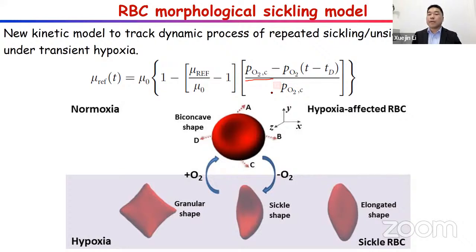In this way, we can control the cell shape and the cell membrane properties. When the oxygen level is decreased, we find that the cell deforms its shape from the normal biconcave shape to different sickle ones, like the granular shape, sickle shape, and also the elongated shape. So using this cell kinetic model, we can model the cell sickling and unsickling process.